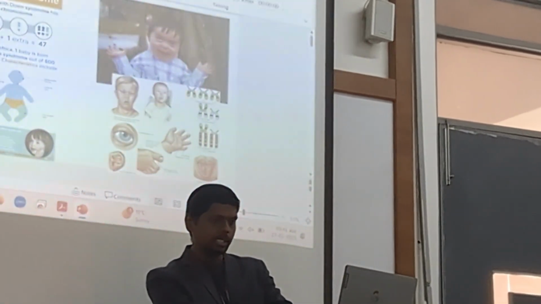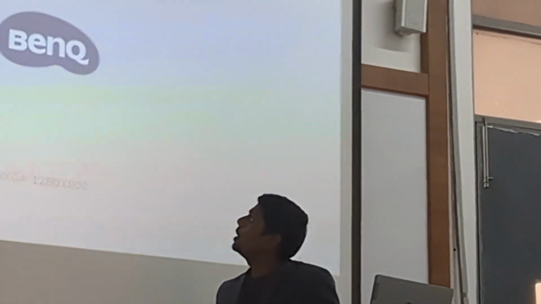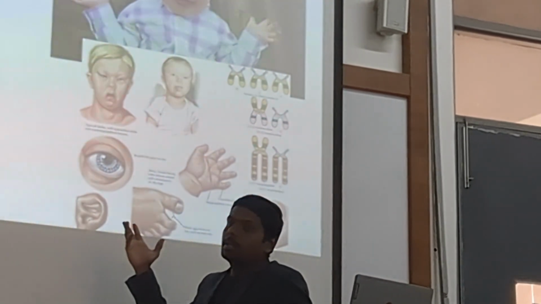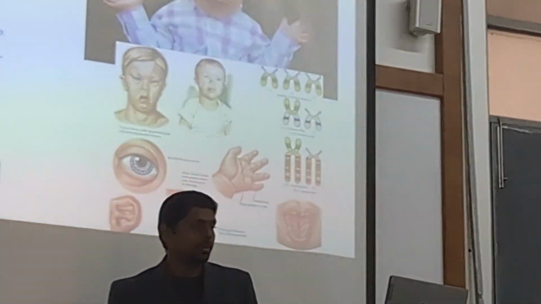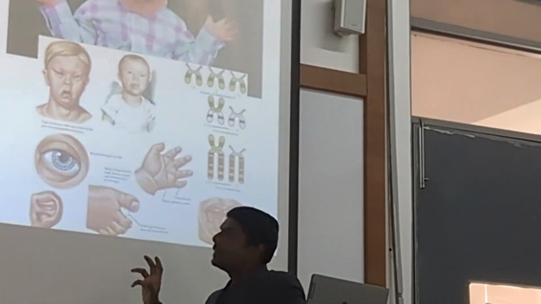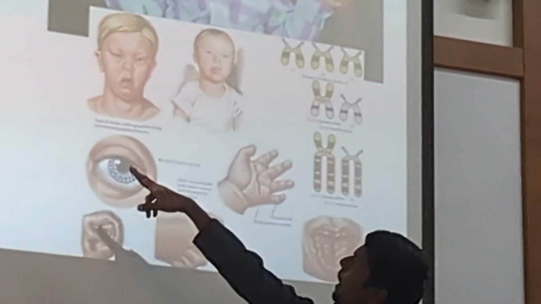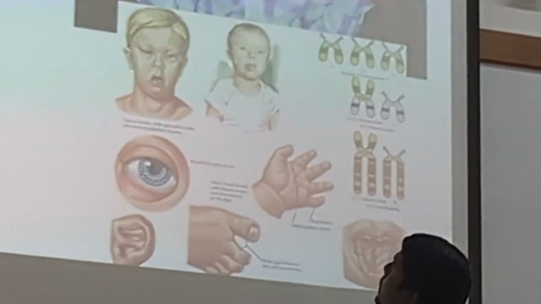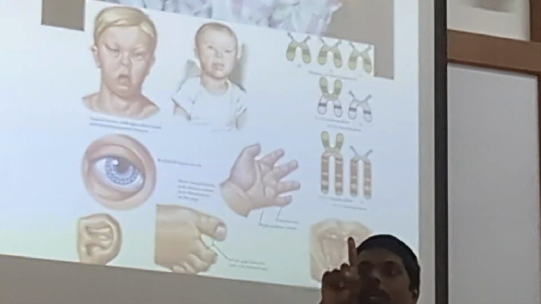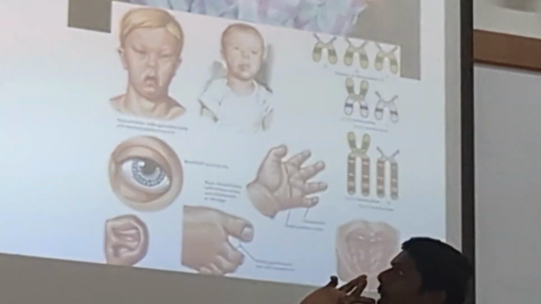Yes, so this is the first one. What is Down syndrome? This is a trisomy of chromosome 21. So in this patient they will be mentally retarded, and they have these features: small head and small ears. Then if you look at the upper palate, there will be a cleft, a hole in the upper palate.